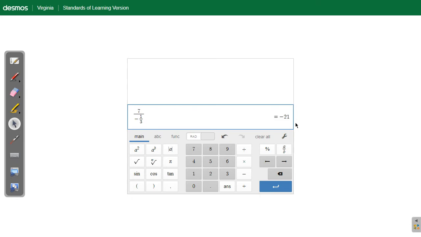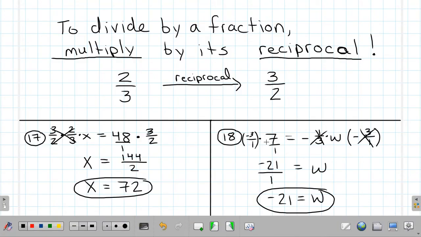That looks pretty nasty, but if you need to, you can use parentheses to show what you're going to do in there. But notice we get the answer as negative 21, the same as what we did here by actually just multiplying by the reciprocal. And that's how all of these work. Numbers 17 through 24 all work the same by just multiplying by the reciprocal.